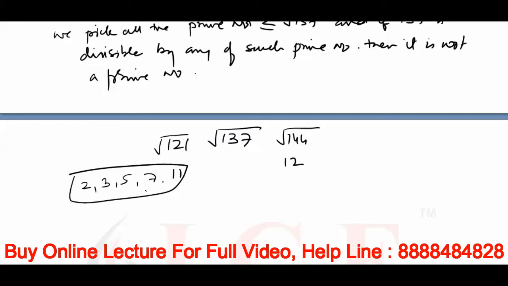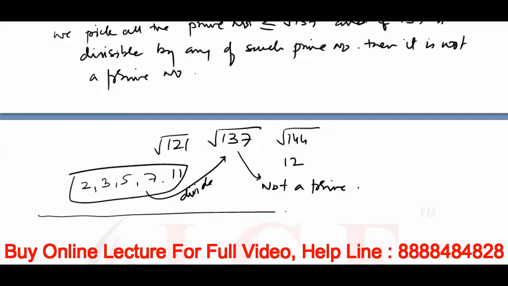If any of these prime numbers divide 137, then 137 is not a prime number. That means here the role of divisibility test comes into play. So our next agenda would be to understand what are divisibility tests.